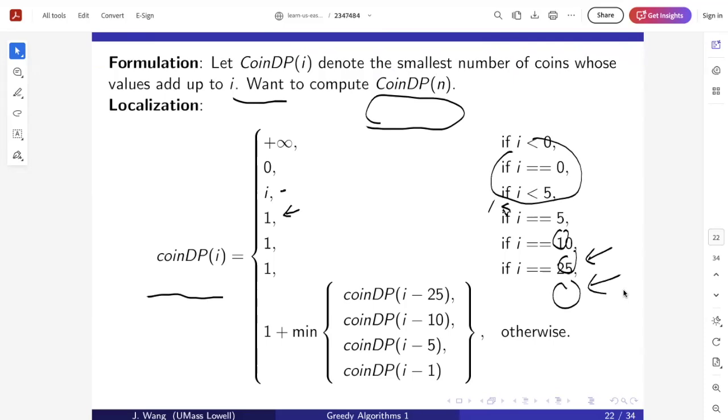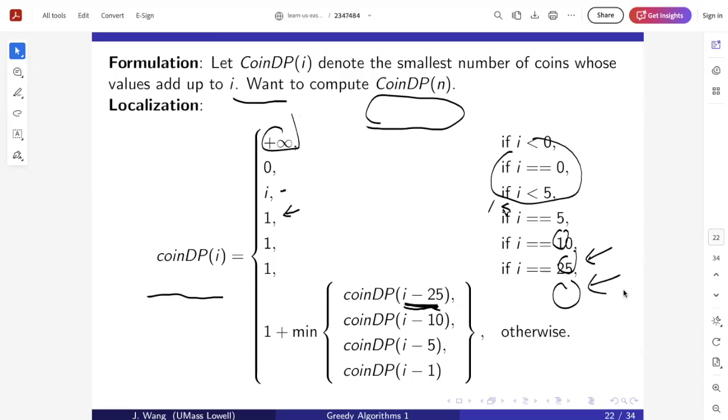And otherwise, we are going to look at whether we can use quarters. If we could, then I minus 25 is the remaining value. If this becomes negative, that means it's infinite, so we cannot choose that.